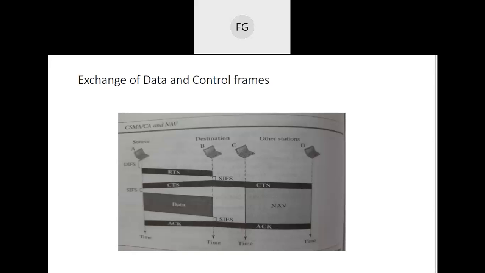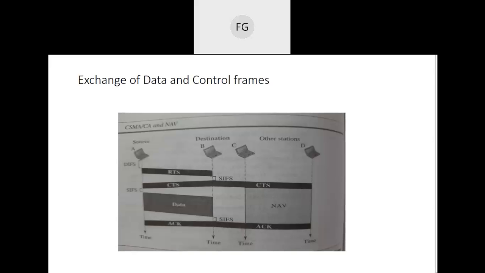This control frame indicates that the destination station is ready to receive data. Next, the source station will send data after waiting an amount of time equal to SIFS again. And the destination station, after waiting an amount of time again equal to SIFS, will send an acknowledgement to show that the frame has been received.